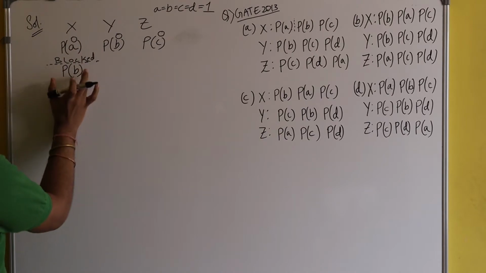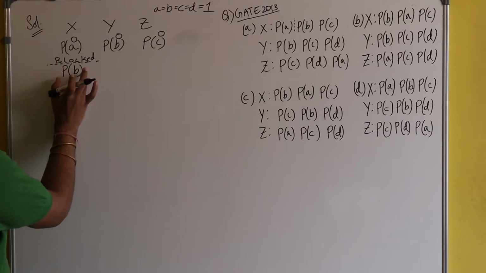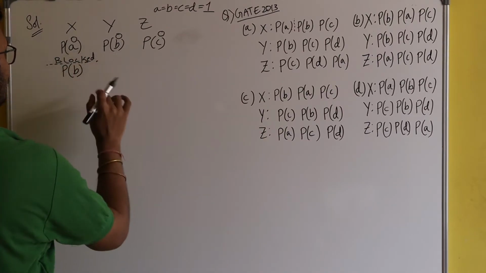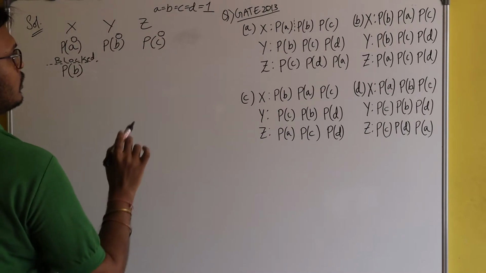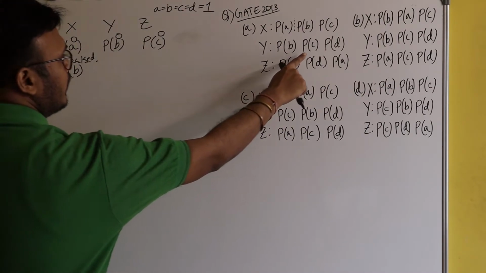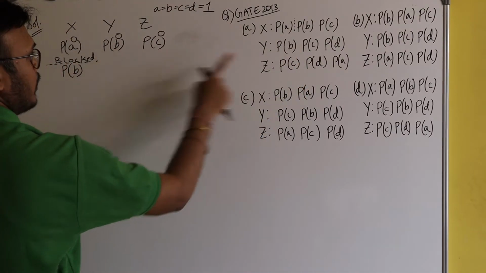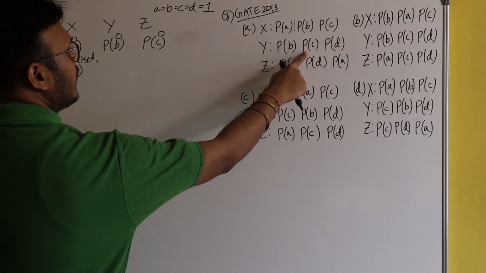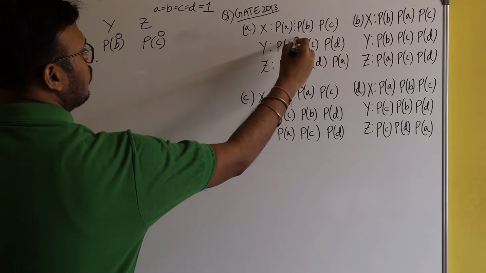So process X can't execute this line. Now the CPU is given back to process Y. Process Y will definitely execute PC, because it has already executed PB.